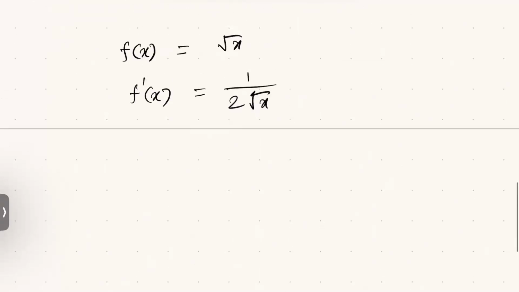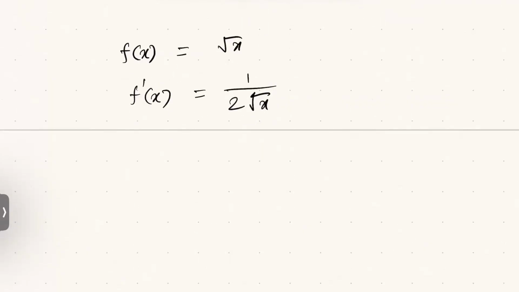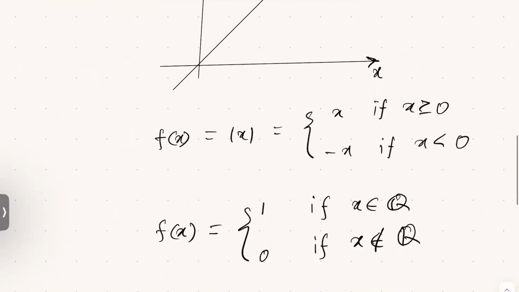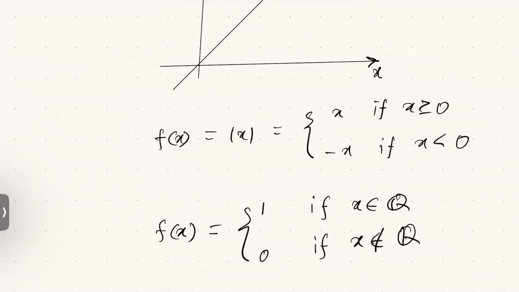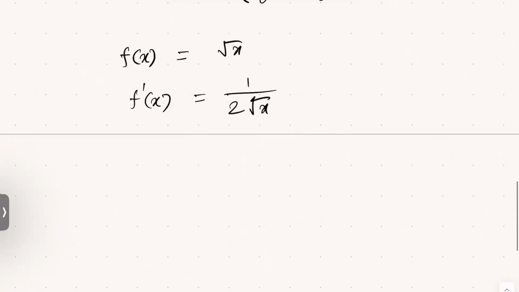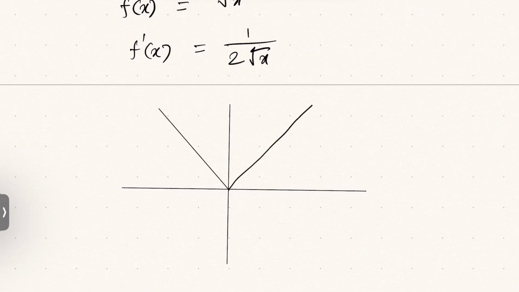So let's consider the previous example of the absolute value function, f of x equals absolute value of x. Is this function continuous at the point 0? This is the graph of this function.